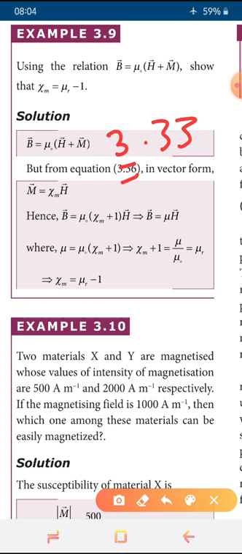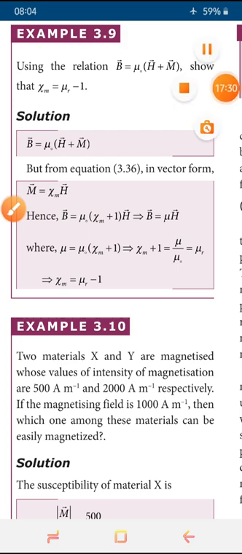Using that equation, we write the given expression: B vector is equal to mu naught of xi m plus 1 times H vector. And B vector can be written as mu H vector, because mu is equal to mu naught of xi m plus 1, as we discussed.